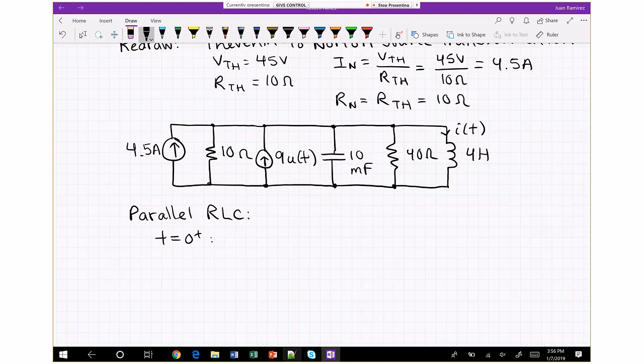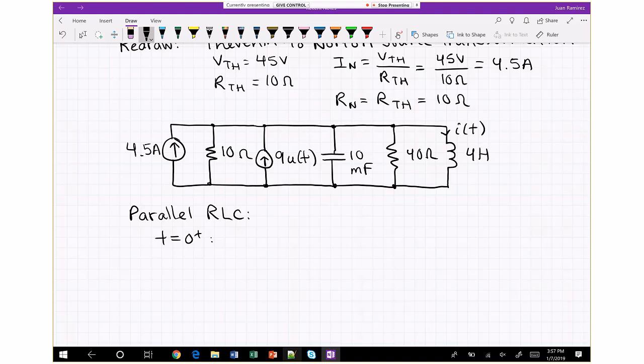So after the transition, you have the 4.5 amp source and the 9 amp source, the step input, but you want to turn those off because that's what we do to find equivalent resistance. And you also disregard the capacitor and the inductor, so you pretty much disregard everything except the resistors, keeping the connections the same.